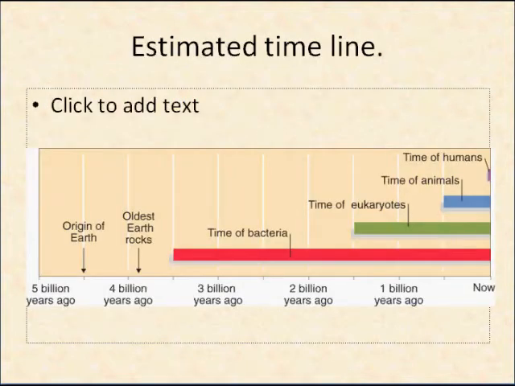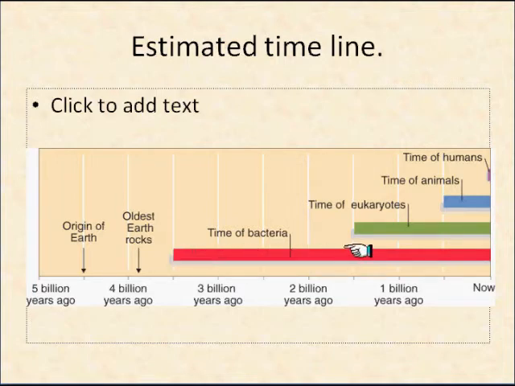Now, we've talked a little bit about the timeline here, and this is just a graphic to give you a sense of the scale. 5 billion years ago, we have the origin of Earth. We have some of the oldest rocks that were able to form as the planet cooled, and very shortly thereafter, we started having bacteria.